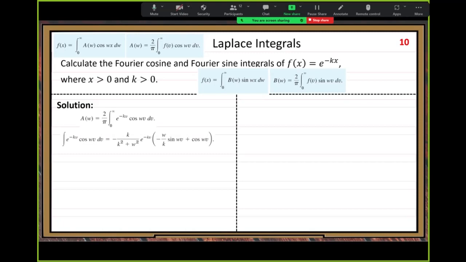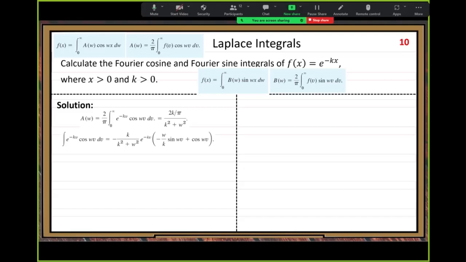After some computation, we get this, before we plug in the two limit bounds. After we plug in the limit bounds, we get this expression for A of w.